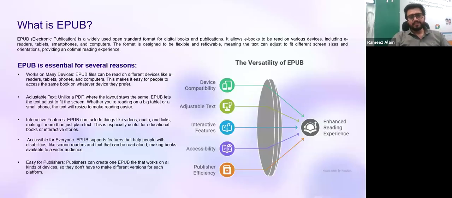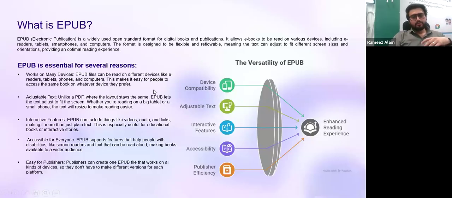The format is designed to be flexible and reflowable. That means the text can adjust to fit different screen sizes and orientations, providing an optimal reading experience. I will show you an example in the practical session. Then you can easily understand how important and how flexible it is.